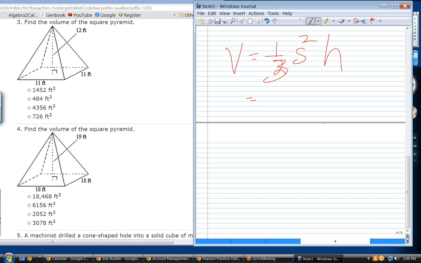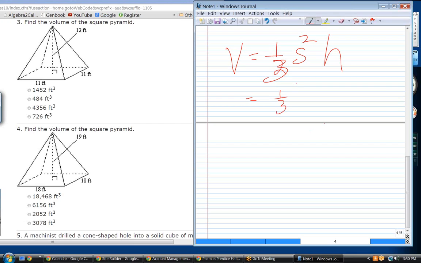And there's no pi involved, notice. The reason is that we don't have a circle. Pi is only going to come into play when we have circles. When we have squares, rectangles, and stuff like that, there's not going to be a pi in there.